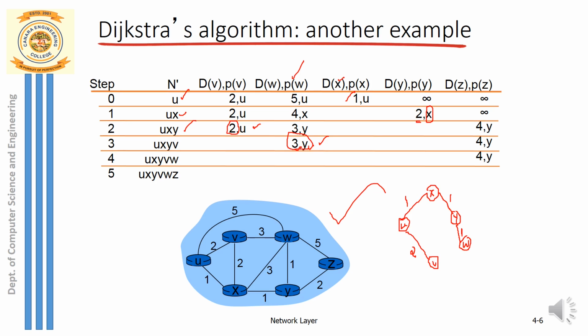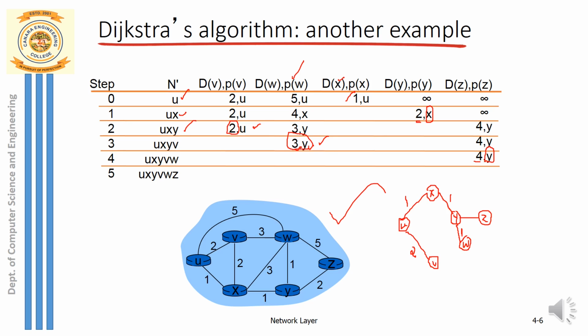And finally I know the distance from u to z, the cost is 4, and now via the previous node y I can reach z. So I can have here from y to z the distance, and the cost is how much? 4. I know that u to y is 1 plus 1, 2.